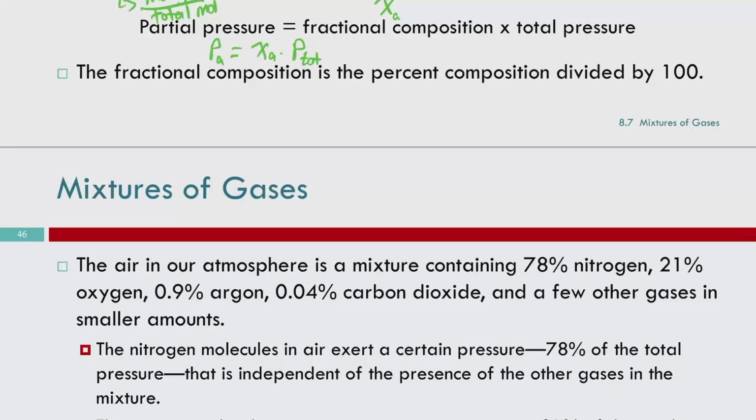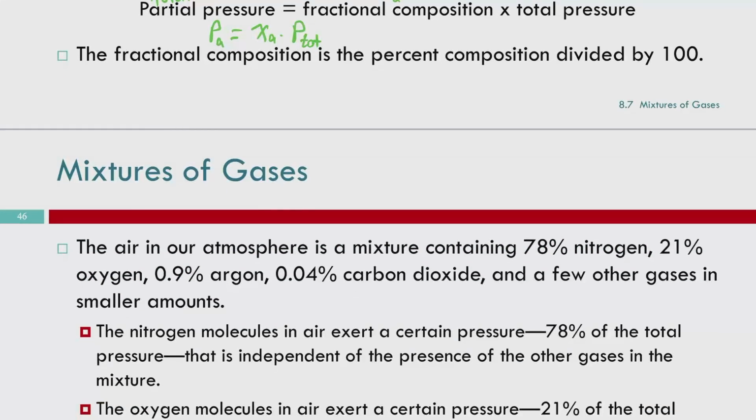So for the nitrogen and the oxygen, the partial pressure of the nitrogen is going to equal its fractional composition times the total pressure. We're at about 1 atmosphere of pressure. It's a little lower than that. And then the fractional composition is 78% divided by 100.